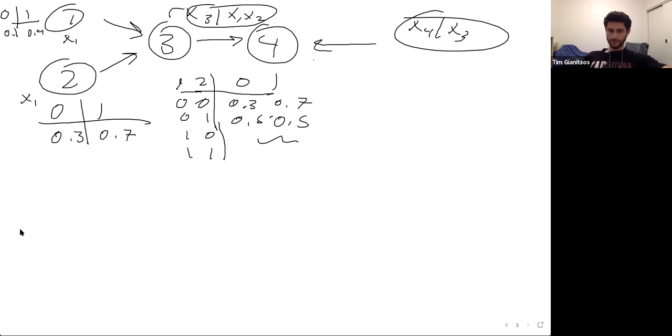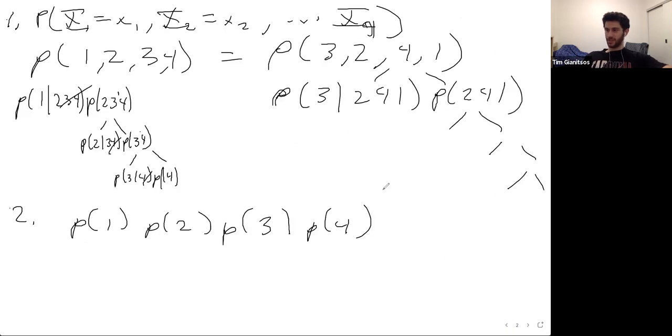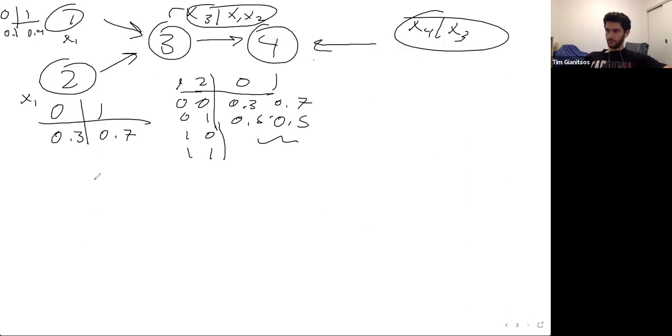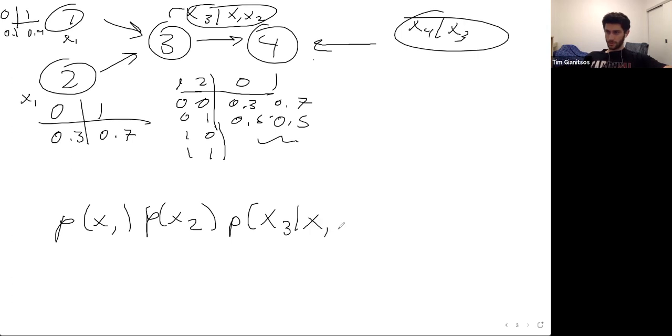When you expand out the chain rule, as we did on the previous slide, because of the dependency relationships in this Bayesian network, we're going to have p of x1, p of x2, p of x3 given x1, x2, and then p of x4 given x3, which matches these tables.